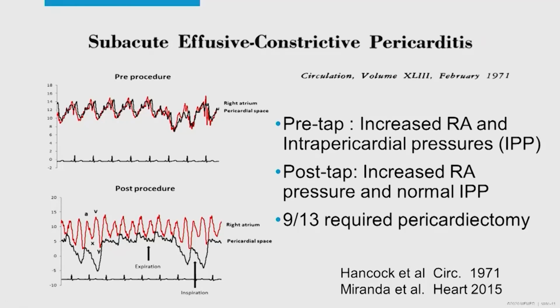So the effusive constriction definition is that you have an increased right atrial pressure and intrapericardial pressure at baseline. After pericardiocentesis, the RA pressure is still elevated, as you see here. And in this particular report, 9 of 13 patients required pericardiectomy.